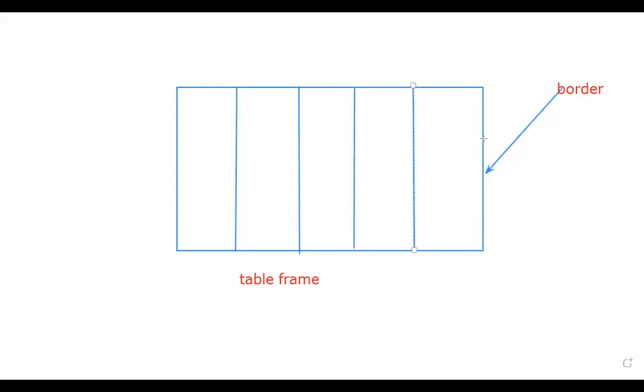These are called columns. So why do we have to learn the entire structure of a table? Because to frame a table using HTML and XHTML, we must understand the basic components of a table, and then we must learn how to implement those table attributes or components with the help of coding.